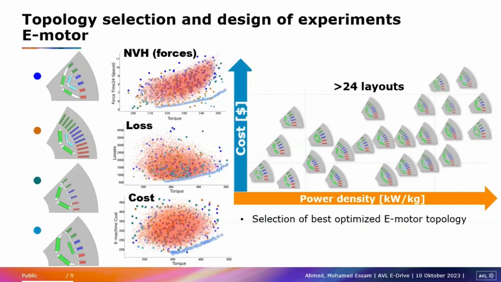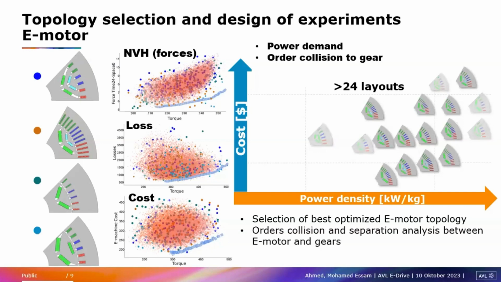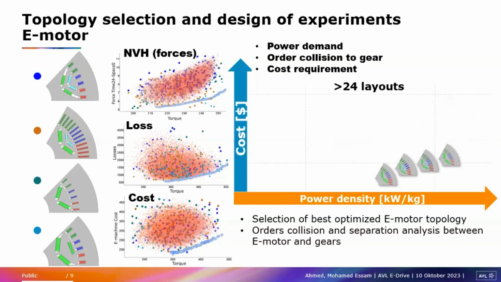From there we can filter. Given the power demand, I can remove some variants. Some topologies would have order collisions with the transmission gears, so I can remove those. Some would have very high cost, so I can remove those. And then at the end we have one, two, or three optimal geometries that we can explore or go further in the project with.